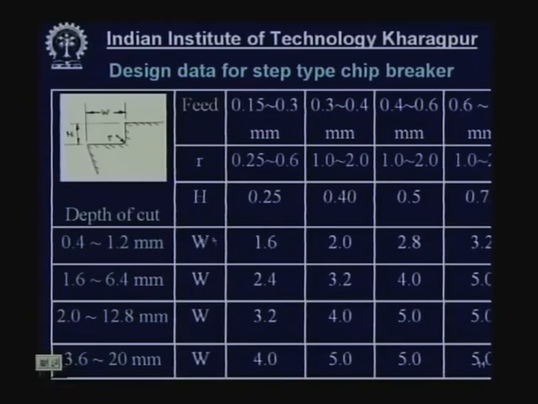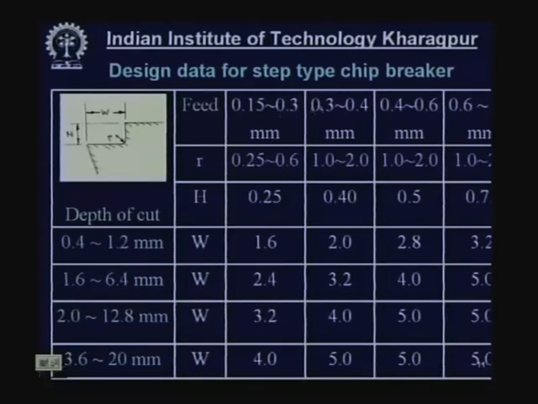Suppose for a given feed range, this is the corresponding radius of curvature, and this is the height already assumed, say for light duty. Then what will be the value of W? If the depth of cut is 0.4 to 1.2 millimeter, that is a light duty cut, then W should be 1.6. If the depth of cut is increased, then this should be increased gradually.